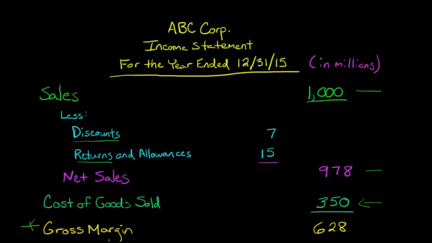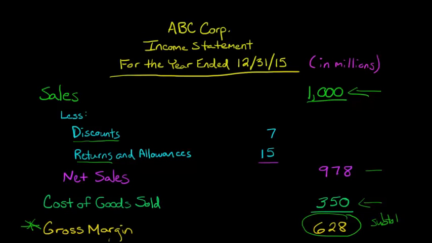Gross margin is a subtotal. It isn't something that's actually being deducted or added to the sales figure. We start with sales, net it down, take out the cost of goods sold, and this is just a subtotal.